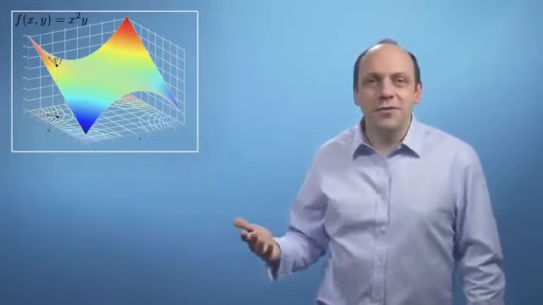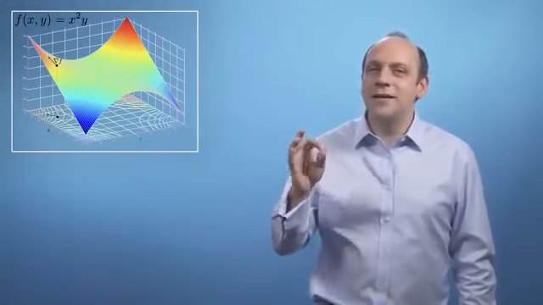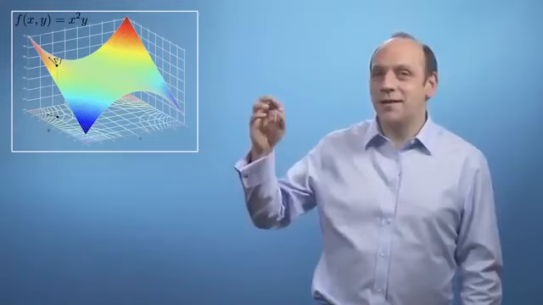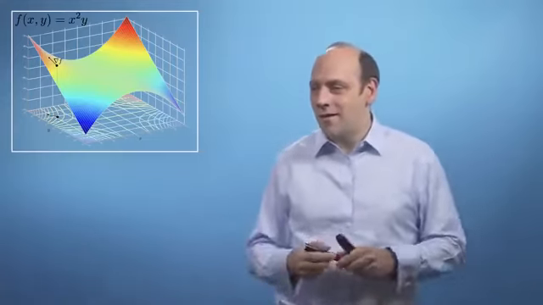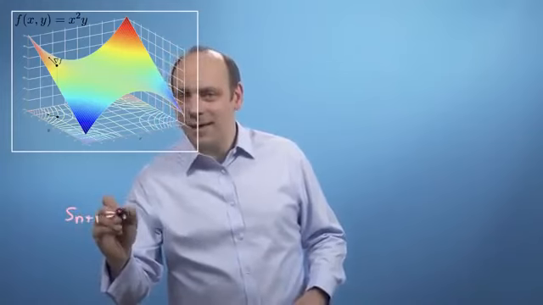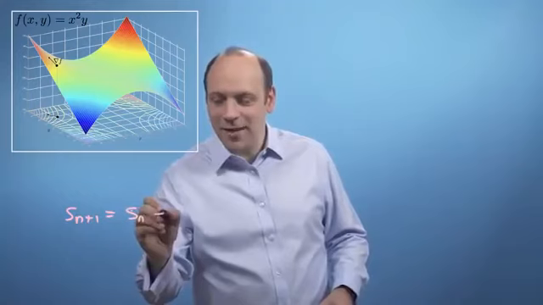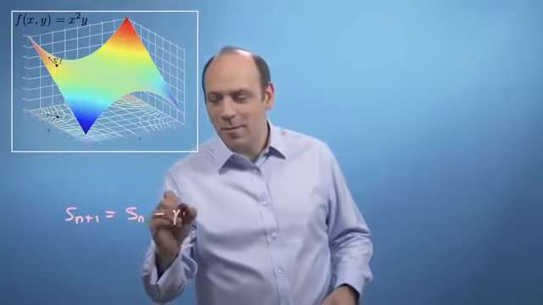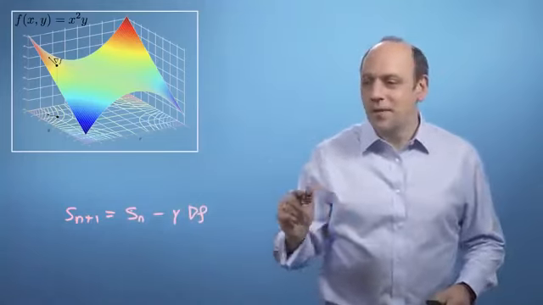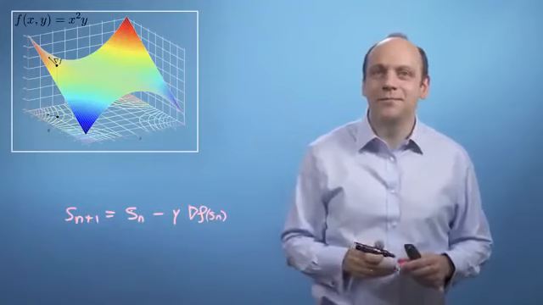So what we do in what's called the gradient descent method is we take a series of little steps down the hill. That is, if we started at some position Sn, then our next position, Sn plus 1, is given by Sn plus some little step down the hill, and that little step is given by minus some amount times grad, and grad evaluated at the previous position Sn.